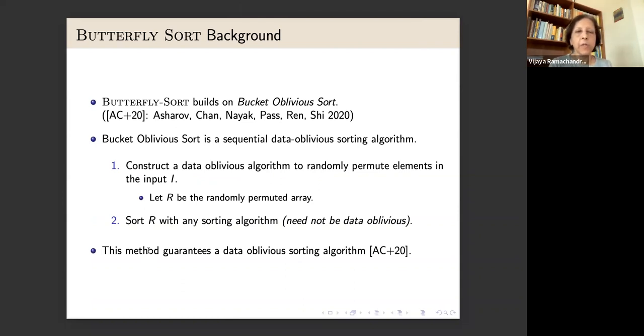For this, we construct a random permutation of the given unsorted input elements, and we do this in a data oblivious way. That is the key step, because Asharov et al. show that once you've done this, you can sort the randomly permuted array with any sorting algorithm. It need not be data oblivious. So we can, for instance, use SPMS for step 2.